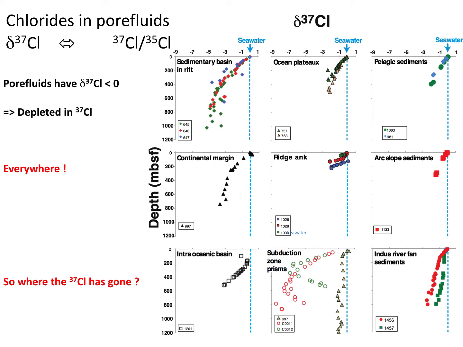Very negative delta values, below -3, are observed at depth, whatever the geological context: in sedimentary rift basins, on continental margins, in subduction zones, and elsewhere. Since the fluids initially had the composition of seawater, one must wonder where the missing 37 chlorine went.